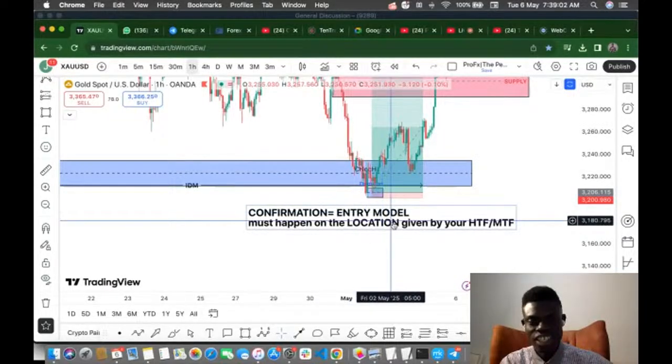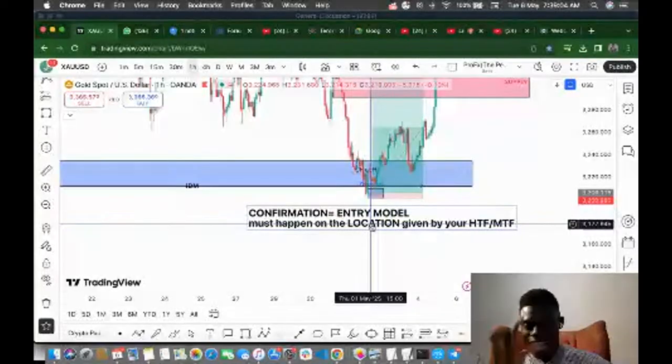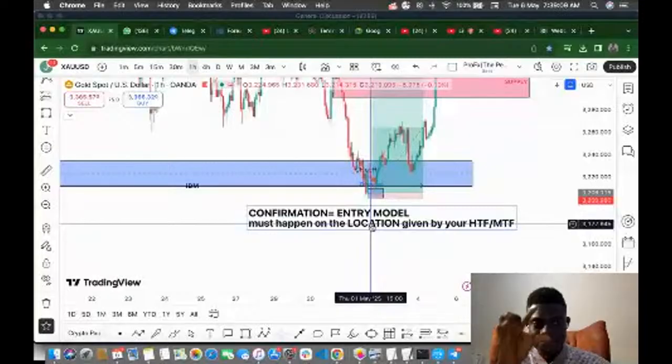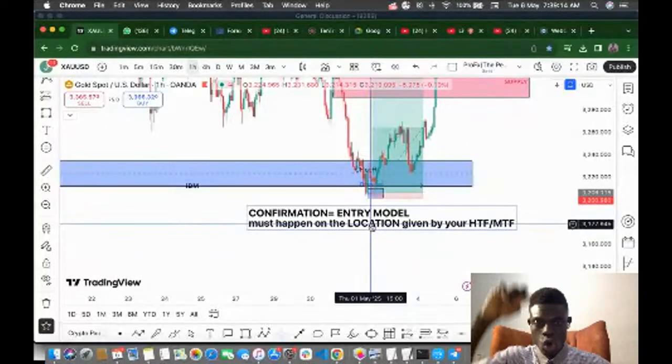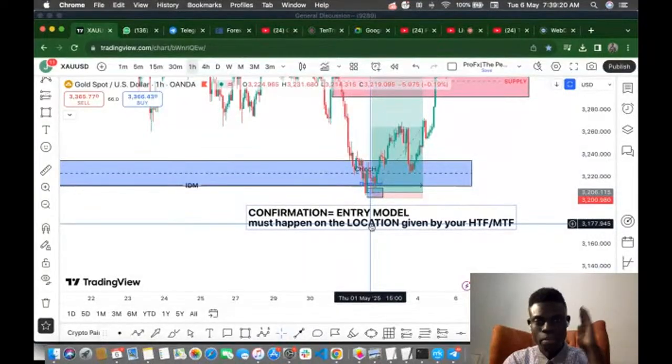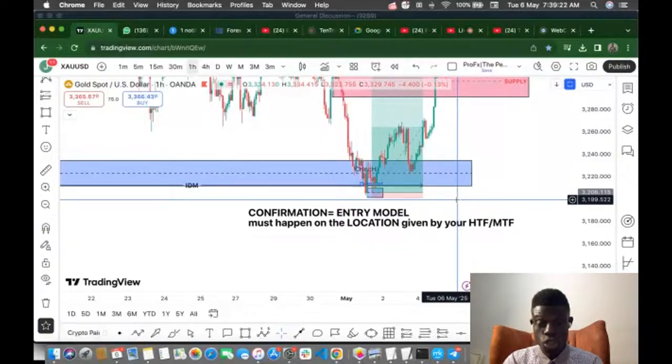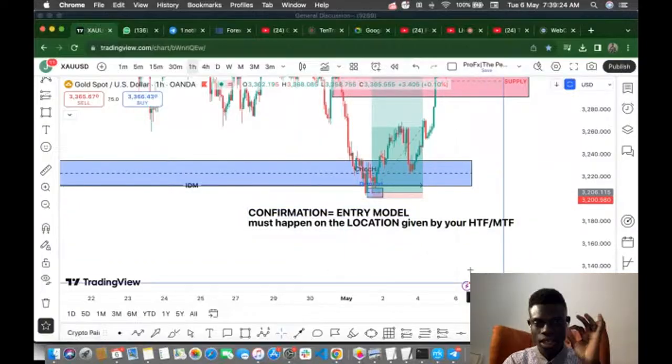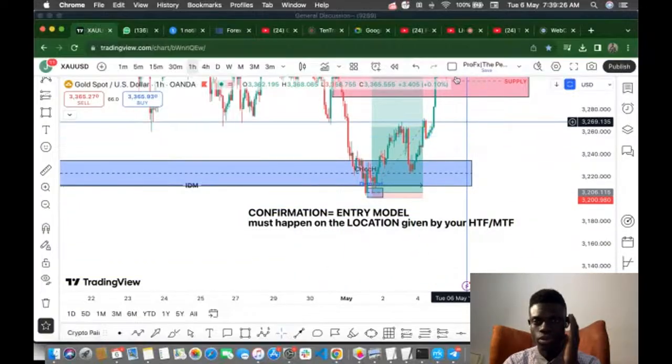And the location must be a medium time frame location. Like in this case, a 4 hour block that has been induced. On that 4 hour block, we saw a 15 minutes change of character. It is no brainer. The market will respect most of the time that price action.